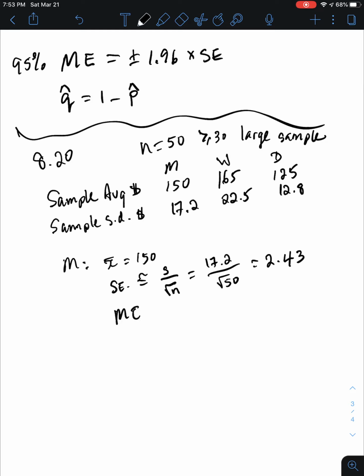Okay, and finally the margin of error. That's plus or minus 1.96 times SE. Calculator says 4.77.